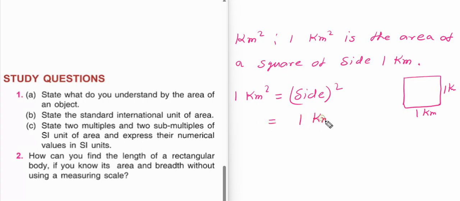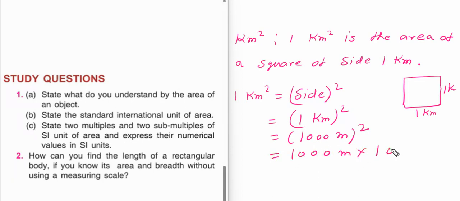Dear children, 1 kilometer is equal to 1000 meter. So 1000 meter into 1000 meter is equal to 1,000,000 meter square. It means 1 kilometer square equals 1,000,000 meter square.